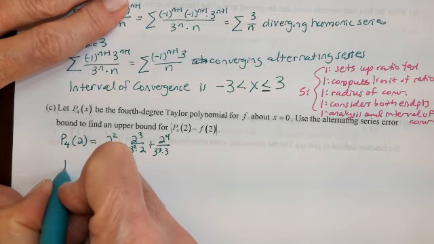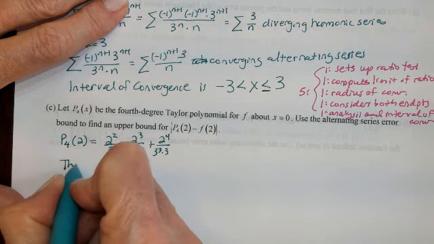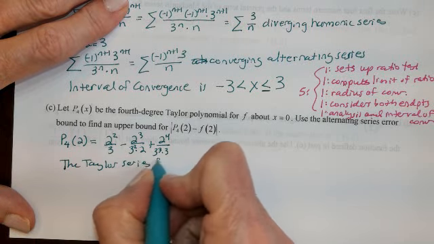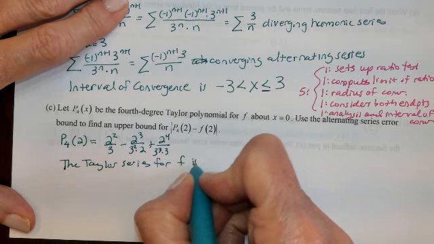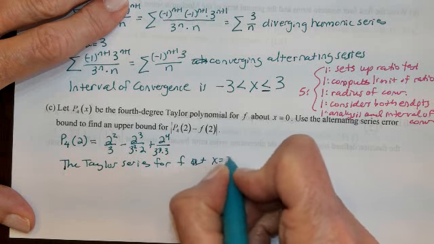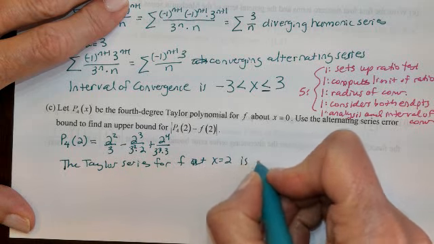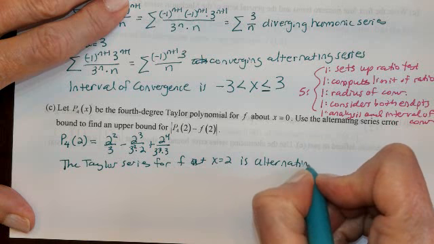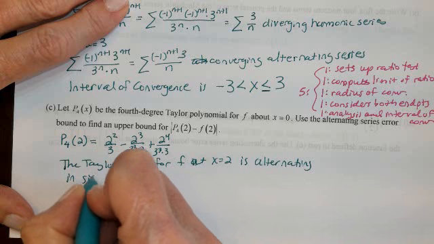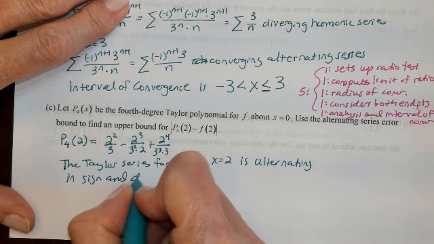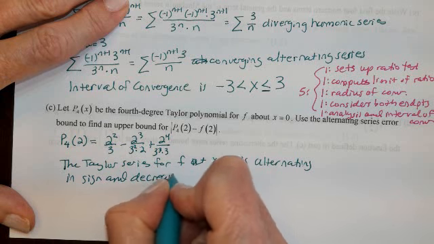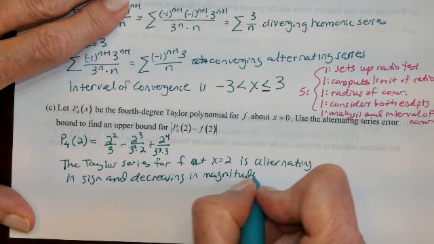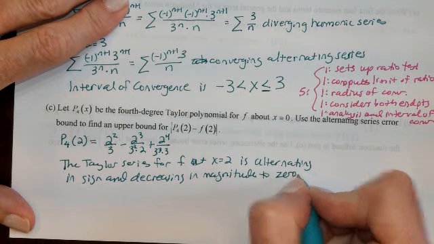So I'm going to say the Taylor series for f at x equals 2 is alternating in sign and decreasing in magnitude to 0.